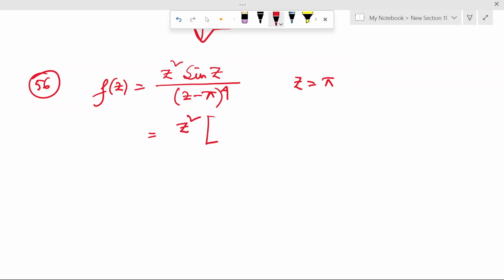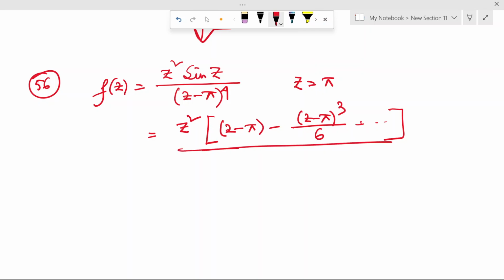Sin z can be expanded as (z minus pi) minus (z minus pi) whole cube by 3 factorial, that means 6, plus something something, all divided by (z minus pi) to the power 4.